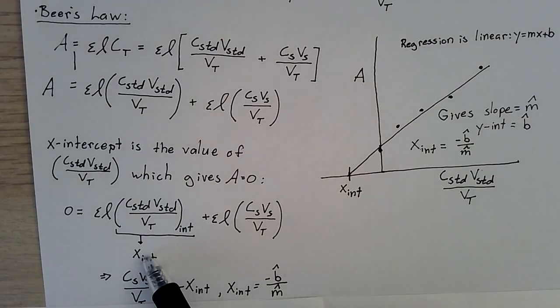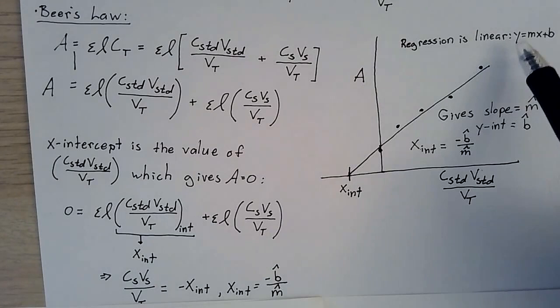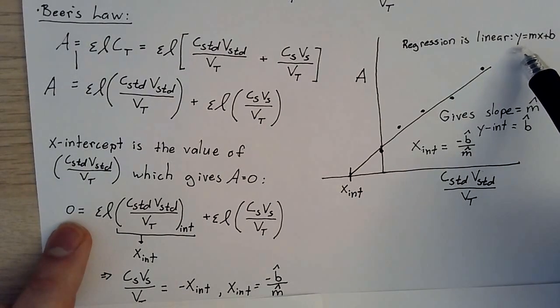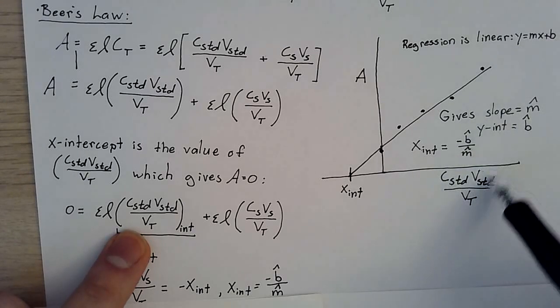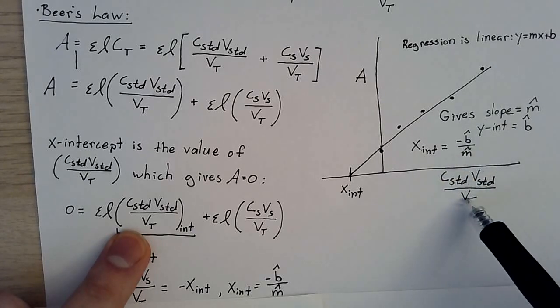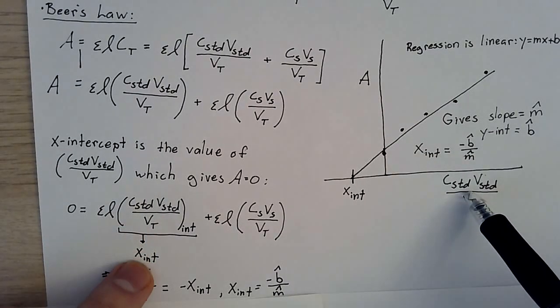Because all we did was set the y value, the A, and that corresponds to the y value in the regression. We set those to 0 here. And so that means that this quantity in the parentheses, which was the horizontal axis value, needs to be the intercept. So that's the x-intercept.